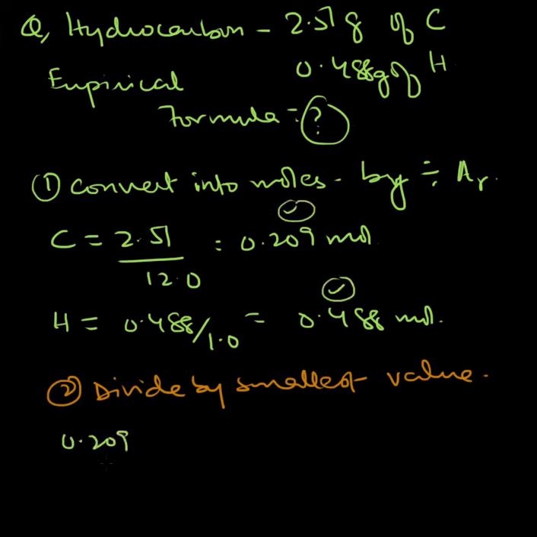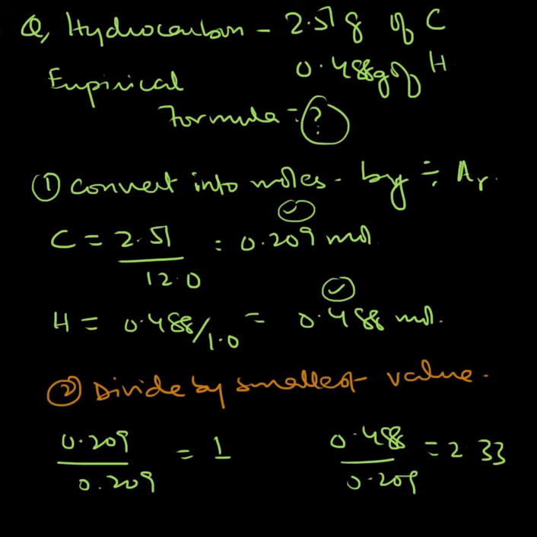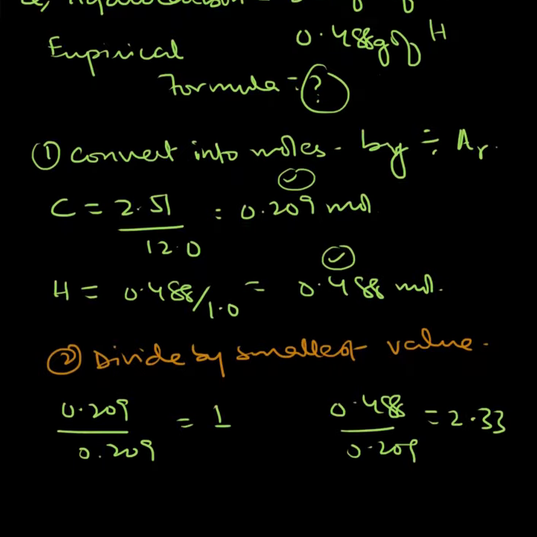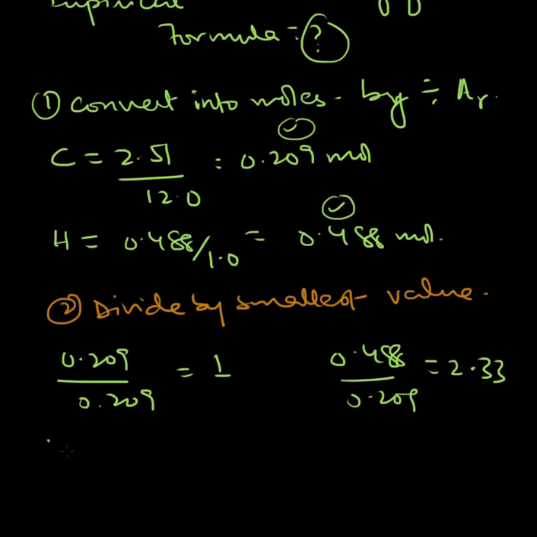So dividing both the values by the smallest, 0.209, we are getting 1. Similarly 0.488 divided by 0.209, and we are getting a value of 2.33, right? Now this is the tricky part. So the ratio of C to H is 1:2.33.